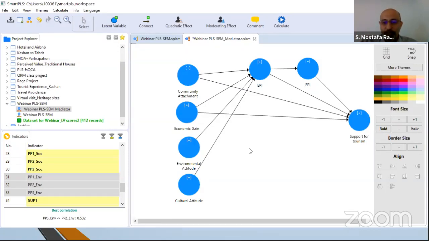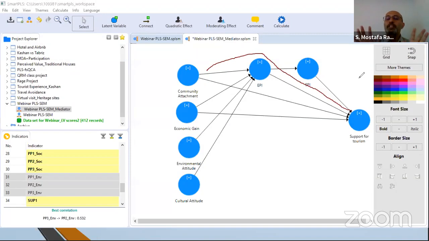For example, for this one, if you want to hypothesize this mediator, here you have something more complex, more complicated compared to before. Here you say, okay, EPI independently mediates the relationship between community attachment and support. Also, EPI and SPI together mediate the relationship between community attachment and support.